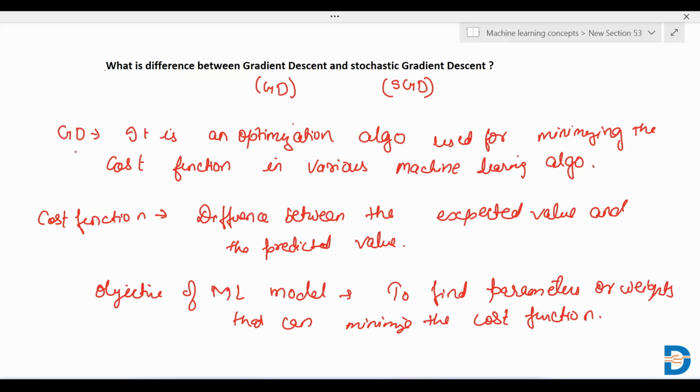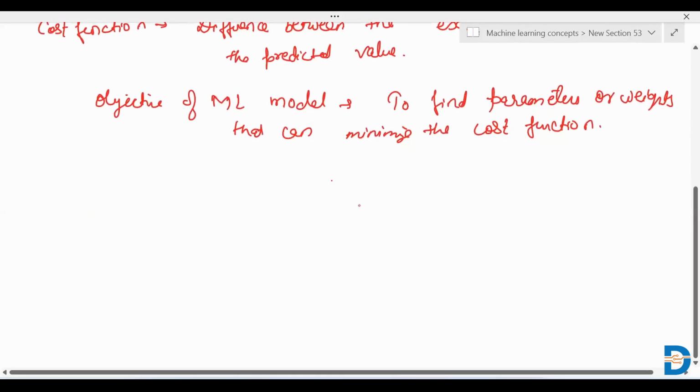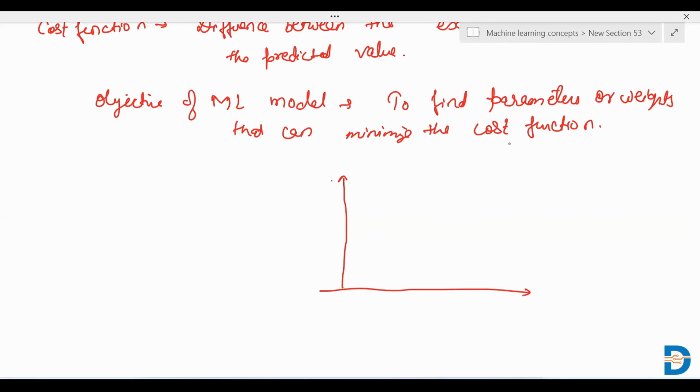So we can say that gradient descent is an attempt to find the minimum cost function. Let's understand this with a graph. The objective of a machine learning algorithm is to find the weights so that there is minimum cost function. So let's make a graph between weights and the loss function.